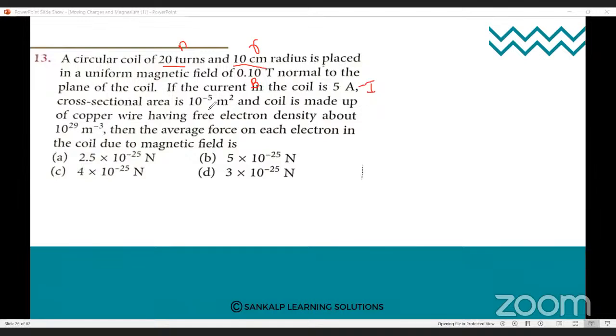This is the area. And the coil is made up of copper wire having free electron density. So number of free electron density is also given, that is 10 to the power of 29 per meter cube. Then they are asking the average force. Okay, so see what we can do here.